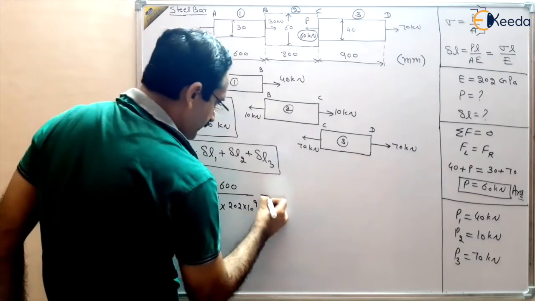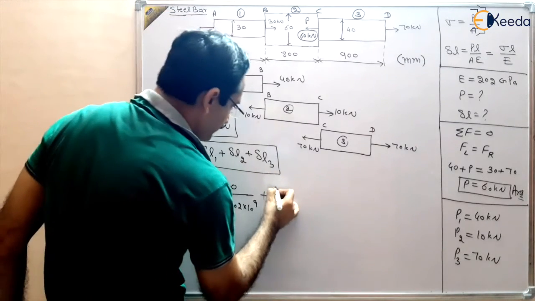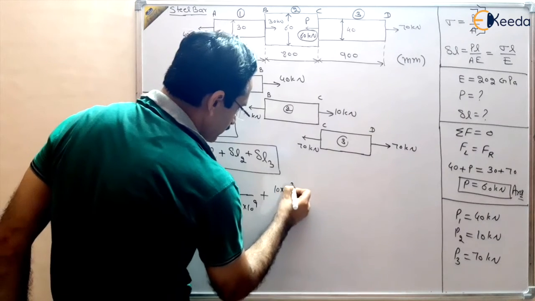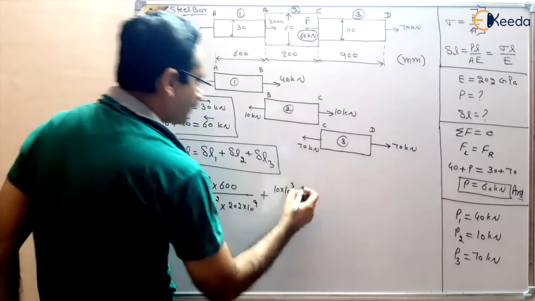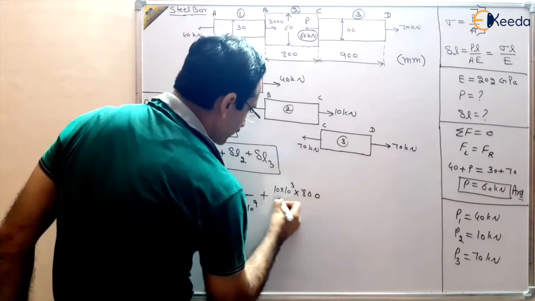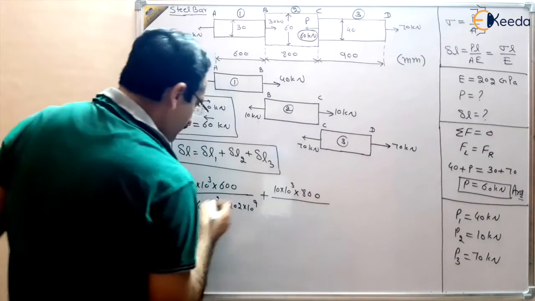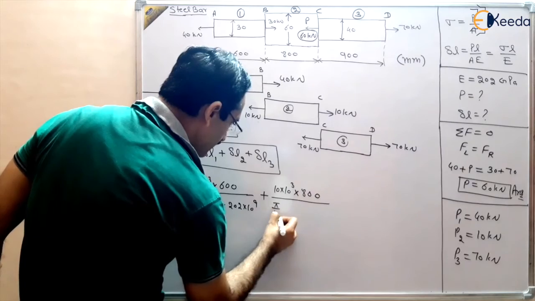Second is plus tensile load 10 kilonewton, which becomes Newton, multiplied by length 800 mm. We are using mm, so that the final answer may be in millimeter. Pi by 4 d square.